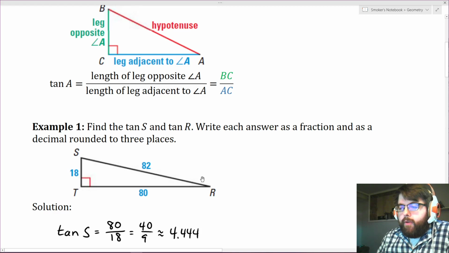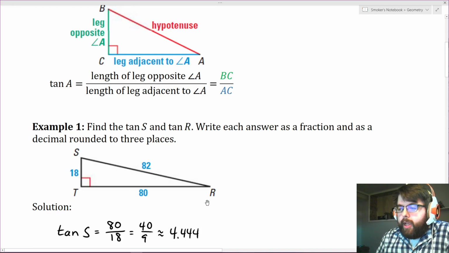We're changing our focus. Now, since we're looking at tangent of R, the opposite side is now the 18. The adjacent side is now the 80. Opposite, adjacent, if we're looking at R. So it's very important that we know which angle is our focus.